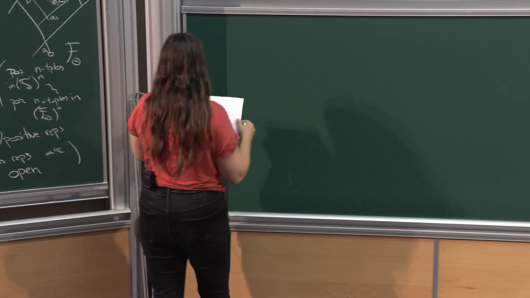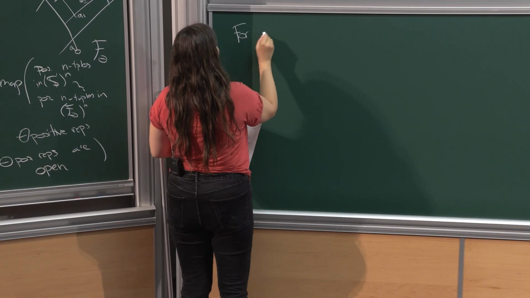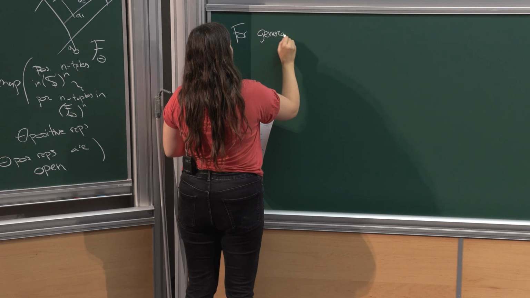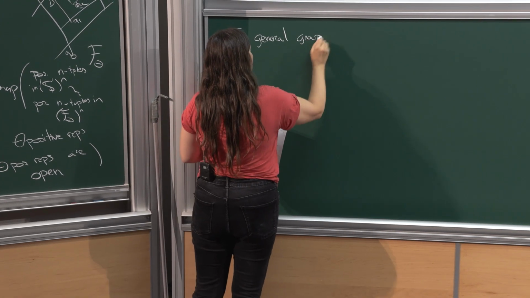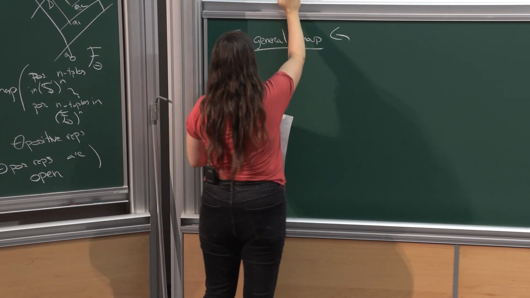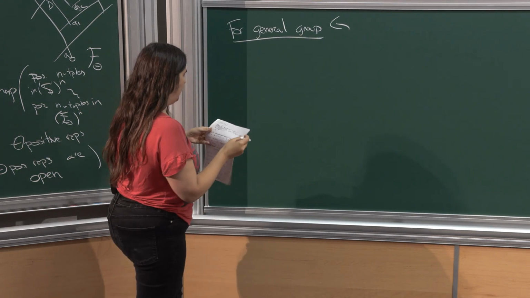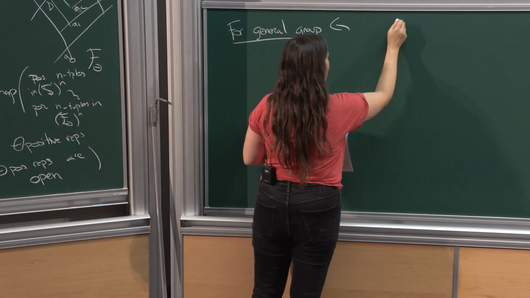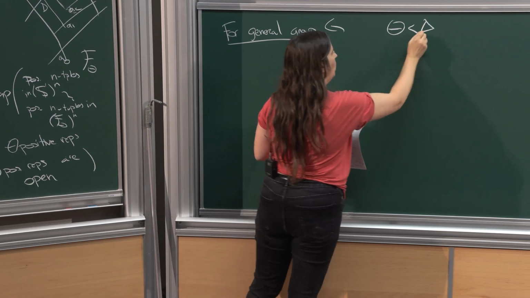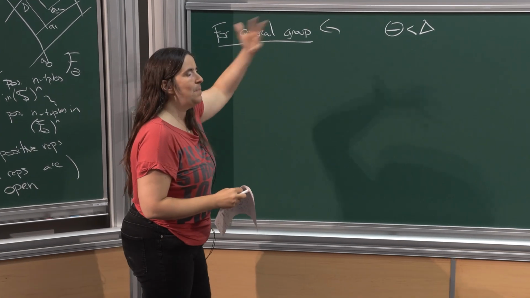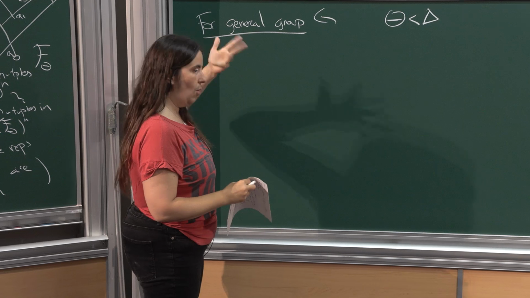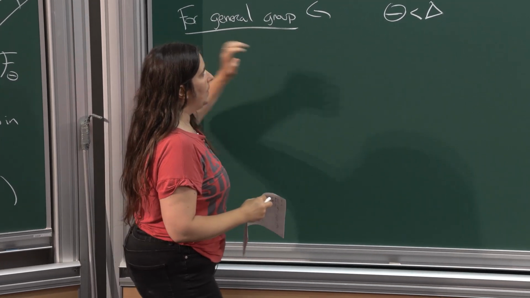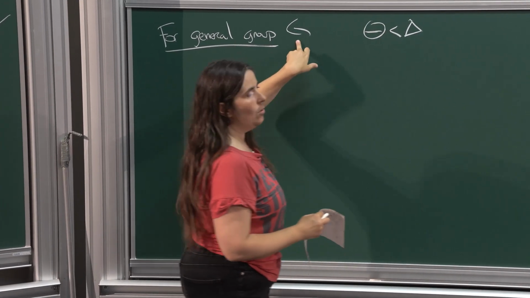So for a general group G, what will be relevant for me is theta, a subset of roots. These are a special combination of eigenvalues, or logarithms of eigenvalues, that come from the Lie theory of G.